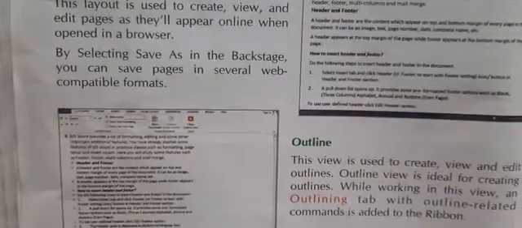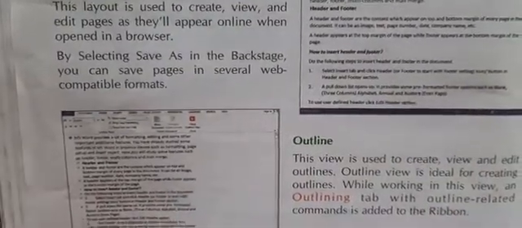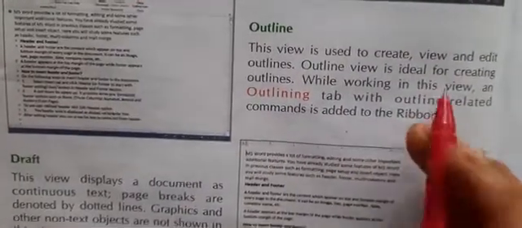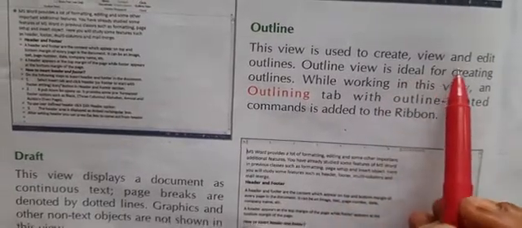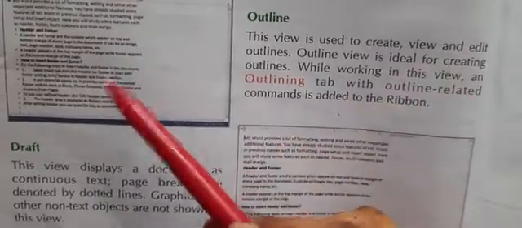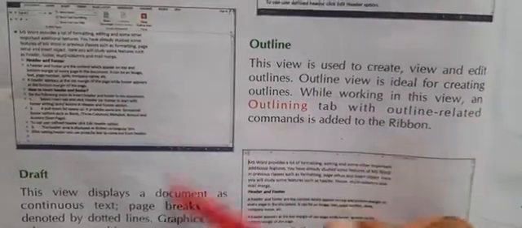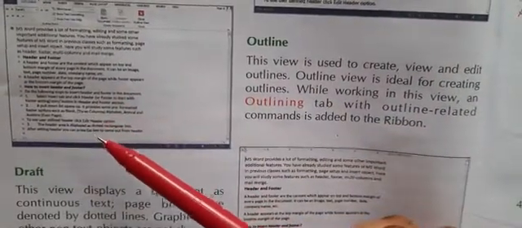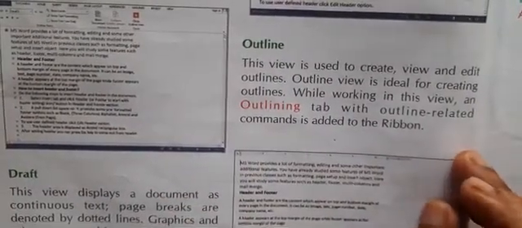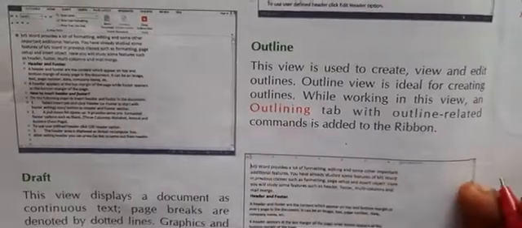Then the next mode of viewing a document is outline. What is the use of outline view? Outline view is used to create, view and edit outlines. If you want to create outlines, then we will use the outline view. It is ideal for creating outlines.